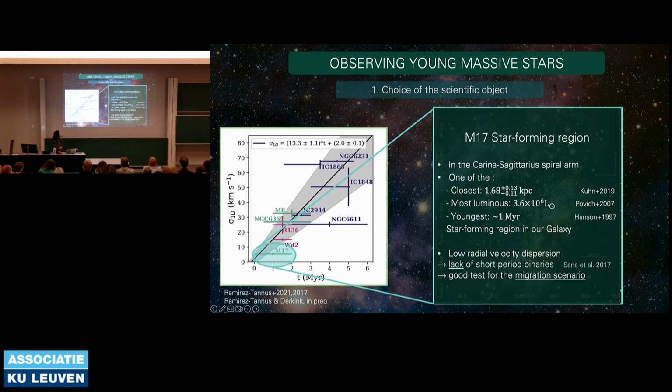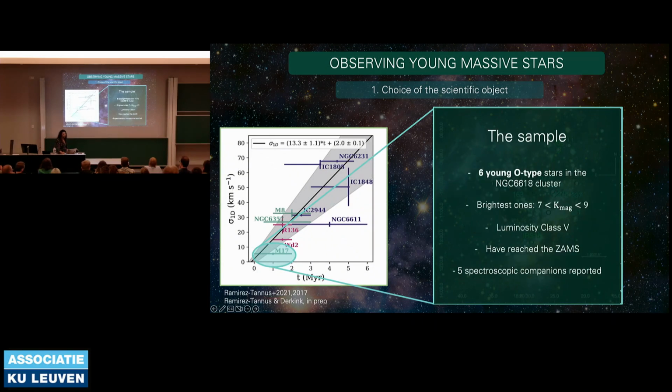And why? Because it's one of the closest star-forming regions, at 1.7 kiloparsecs. I know that for some of you it might be quite far away, but for the massive star community it's rather close. It's one of the most luminous and youngest star-forming regions in our galaxy, and it's the perfect laboratory to test the migration scenario. We have a sample of 6 young stars in the central cluster, where most of the massive stars are.